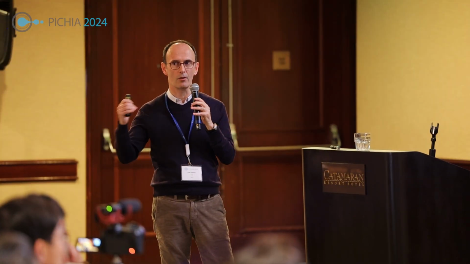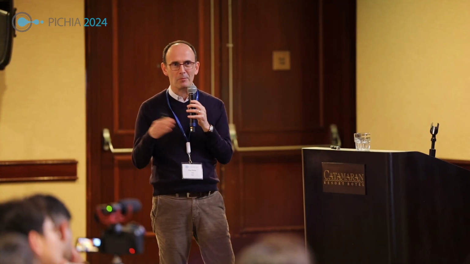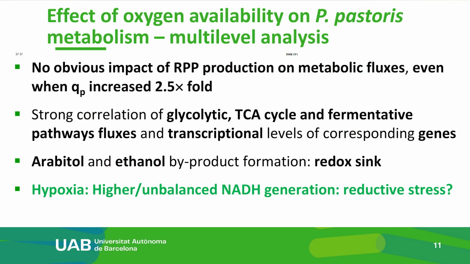So you had a nice correlation between these two levels, and also the proteomic level. Even though we didn't find any difference between the control strain and the producing strain in terms of metabolic fluxes, we discovered a big impact on both transcriptional and flux distribution because of oxygen availability. Very interesting.